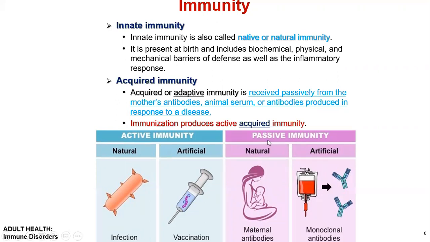And passive artificial immunity is monoclonal antibodies, so immunoglobulins. One example is the immunoglobulins. Immunoglobulins are administered to an individual after they have been exposed to the pathogen. This is the example of passive artificial immunity.